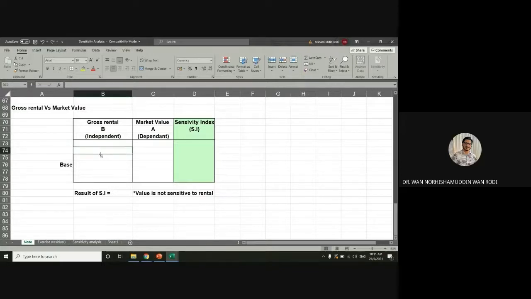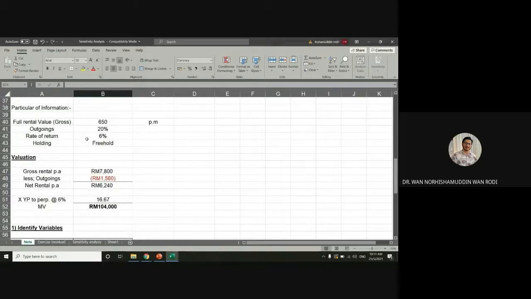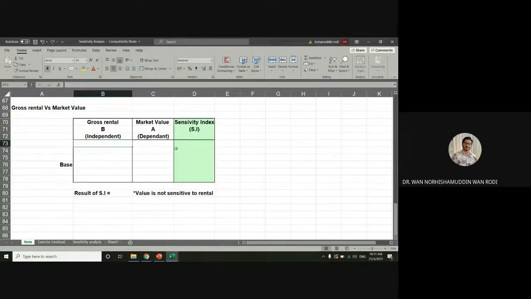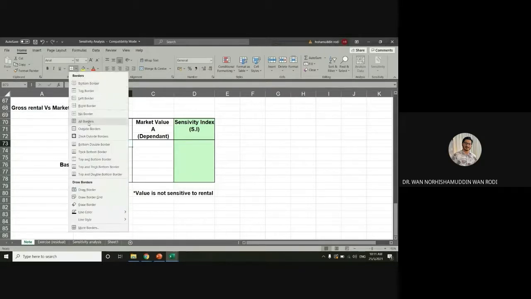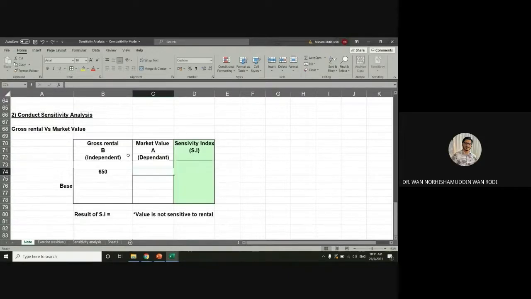Next, you take the original calculation. So our gross rental value is 650 per month. Let's put it here, 650. And if our gross rental is 650, we are able to get the market value or dependent variable of 104,000.